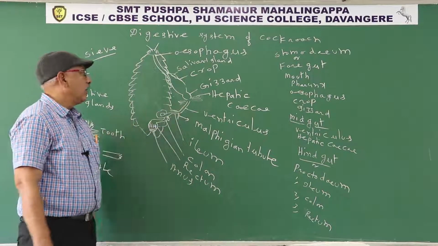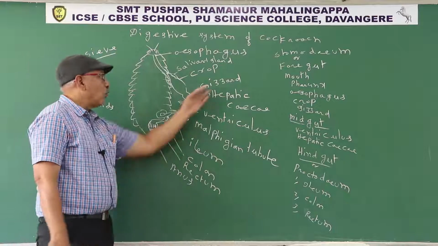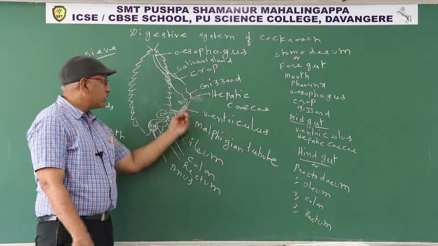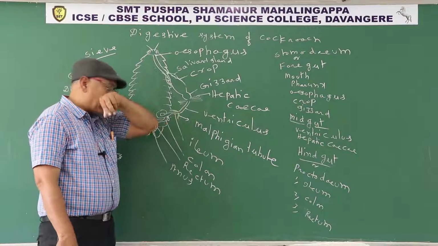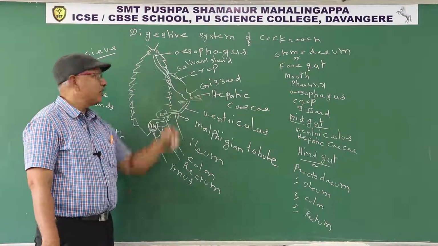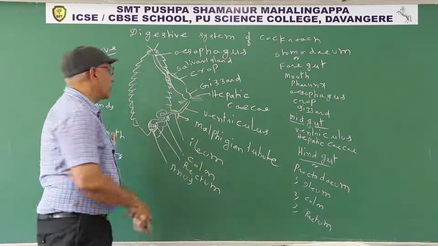Next one, midgut. Why is the gizzard also known as proventriculus? The gizzard is present in front of the ventriculus. That's why the gizzard is also known as proventriculus.